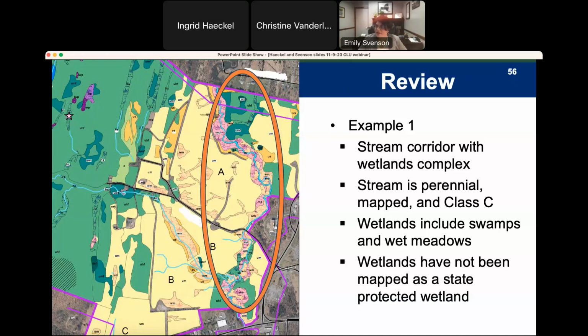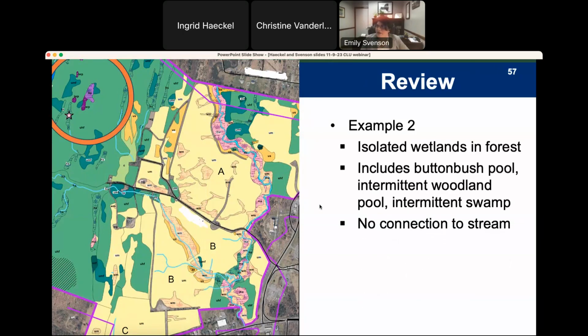It's just based on whether it's a relatively permanent stream, which it is. So there is federal jurisdiction over this stream. And the wetlands that are connected to this stream, would they have federal jurisdiction? Yes, that's right. Good. So the wetlands that are connected to the stream would also be under federal jurisdiction.